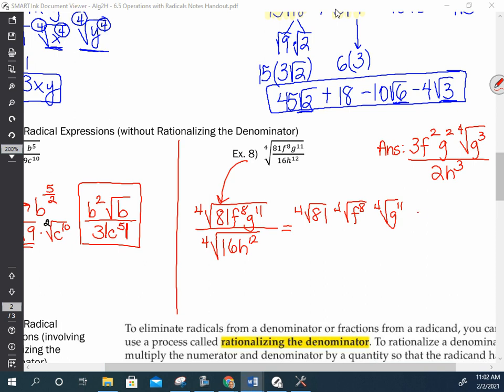Fourth root of 81 is 3, because 3 to the fourth power is 81. 4 goes into 8 twice, so f squared. 4 goes into 11 twice, so you've got g squared, and then the other 3 g's that are remaining go back underneath the radical. So the top is finished.